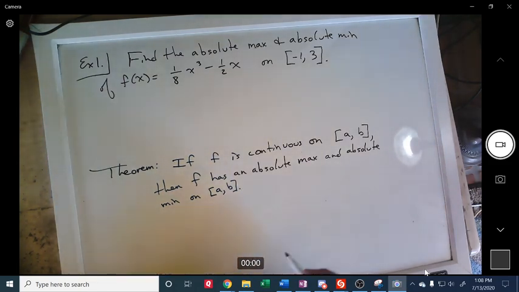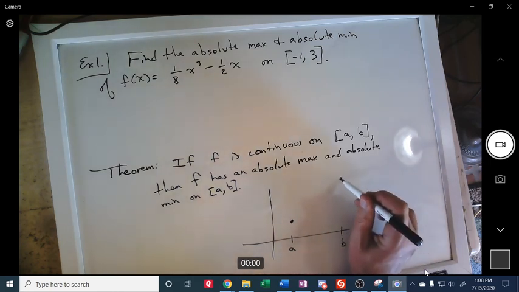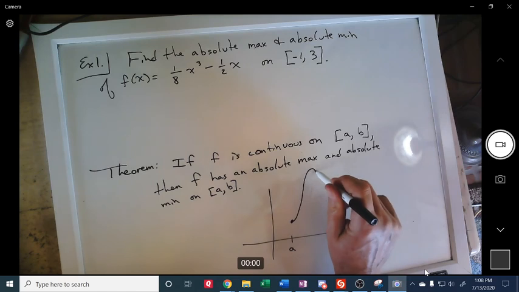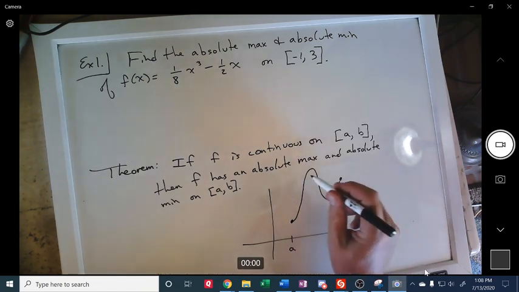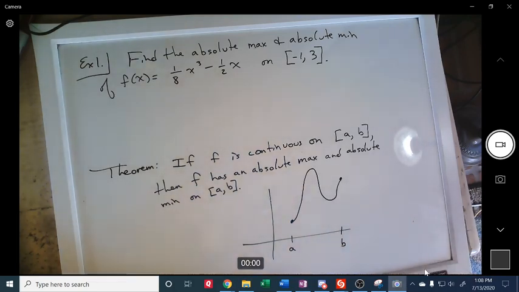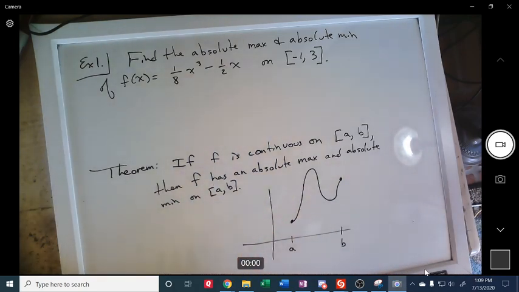So the idea is, if you're going from A to B, if it's closed, meaning you have filled in endpoints, you've got to have a highest point on the interval and a lowest point on the interval. And it makes intuitive sense.